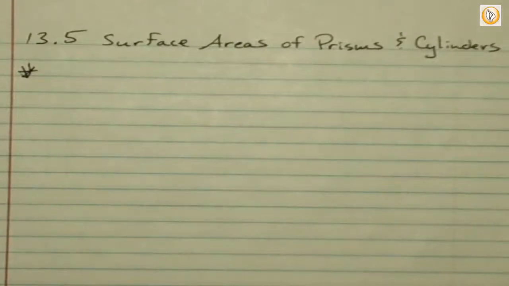Okay, so we're going over surface areas of prisms and cylinders. I don't have any shapes here. I wish I did. But a cylinder is like this. It'd be like your Coke cans, Sprite, Dr. Pepper, my favorite.